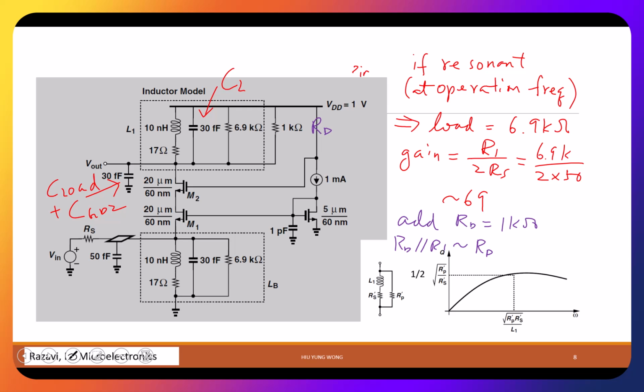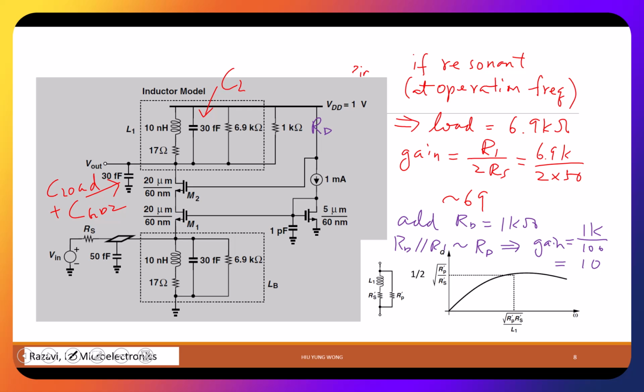So what is the gain now? Of course this is negative, but I just put it as positive. The gain is RD divided by 2RS: now it's 1 kilo divided by 100. Then I will get a gain of 10. Just an example. What is this in dB?